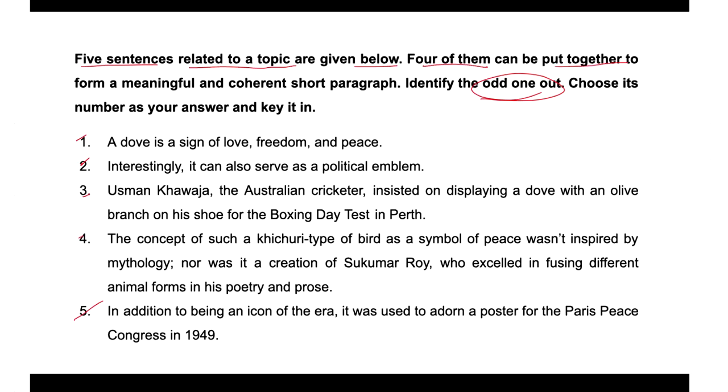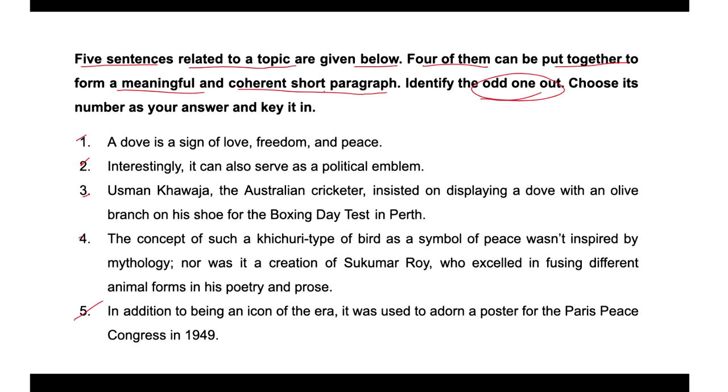This is the reason I pointed out that it's a jumble sentence, because if you find the jumbled sentences, we need to make them coherent and orderly so that we can find out they refer to one topic or one family.